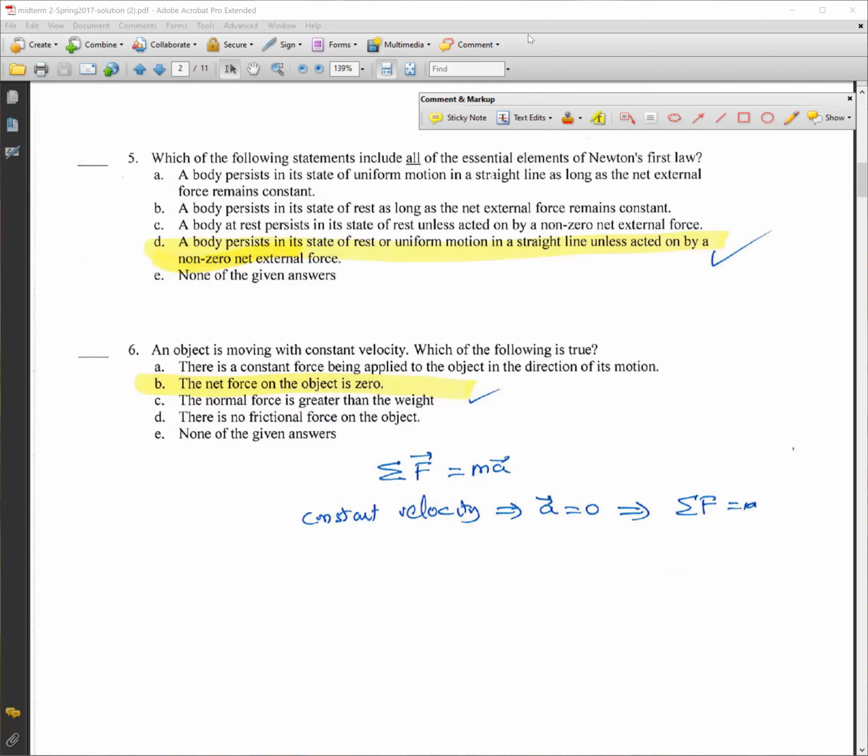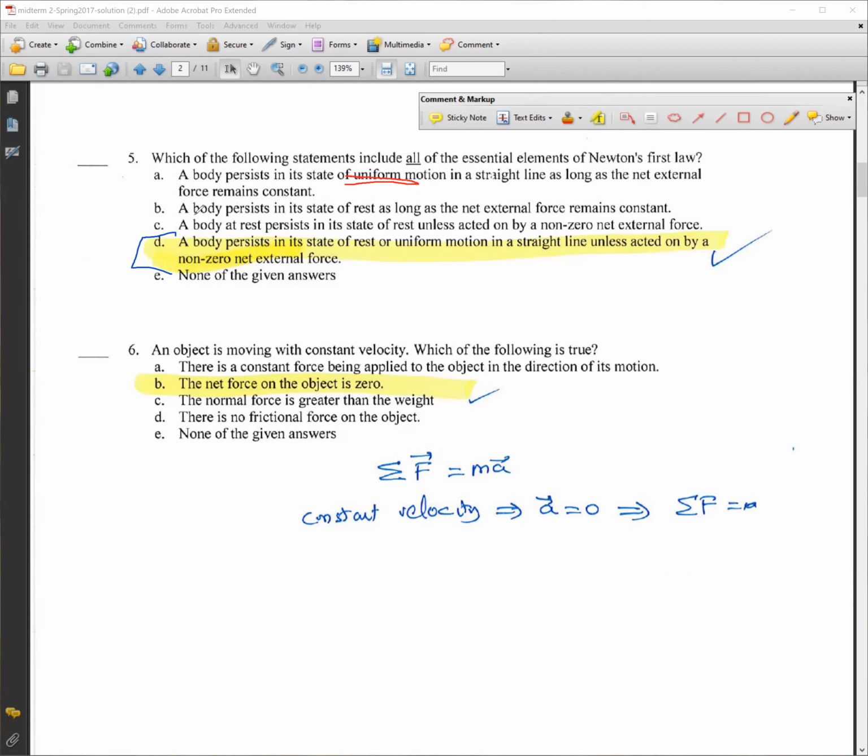Now, the others may include some aspects, but not all of them. Like the first one: a body persists in a state of uniform motion as long as the net external force remains constant. What's wrong with this one? It doesn't include the state of rest, just uniform motion.